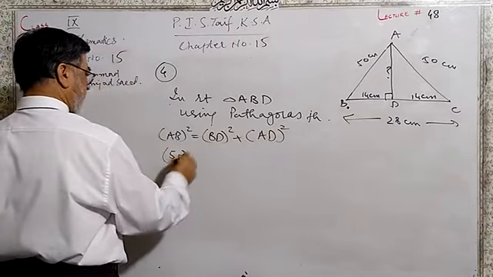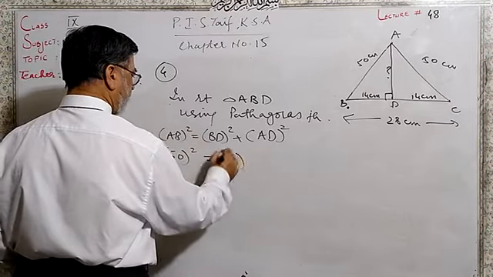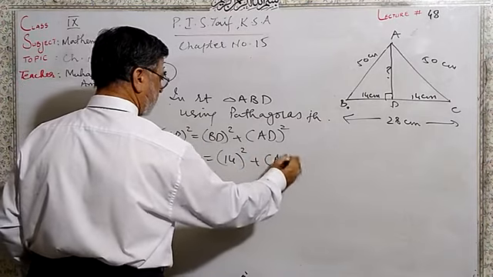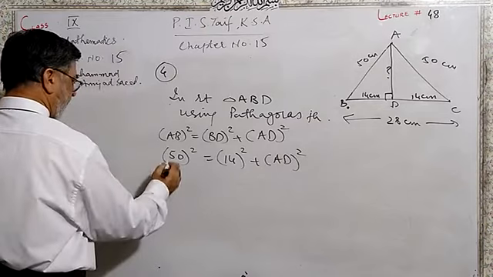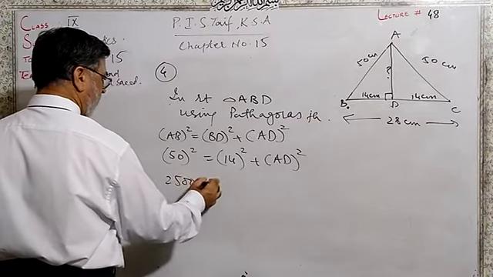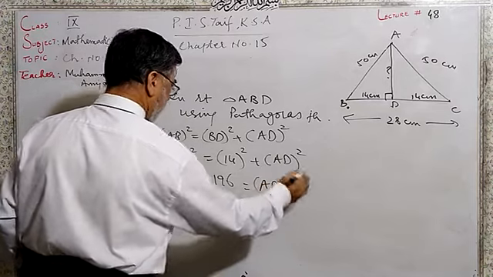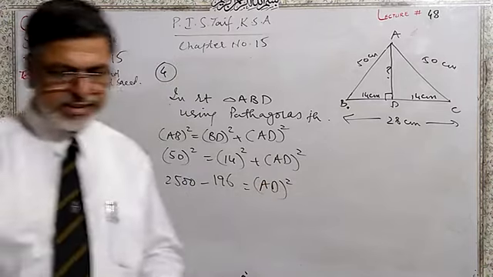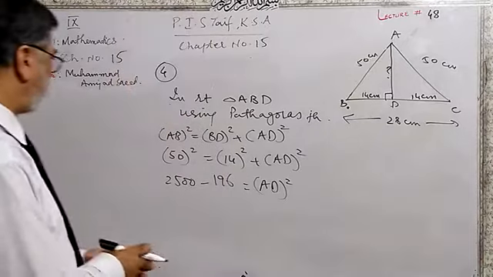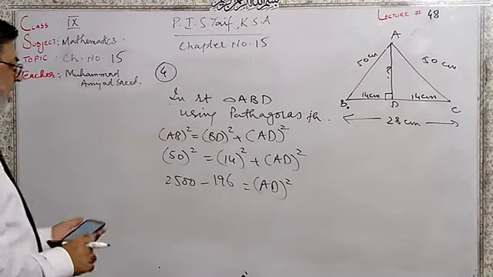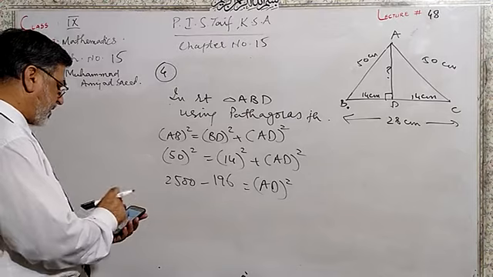That is 50 square is 14 square plus AD square. So 2500 minus 196 is equal to AD square. Dear students, 50 square is 2500 and 14 square is 196.